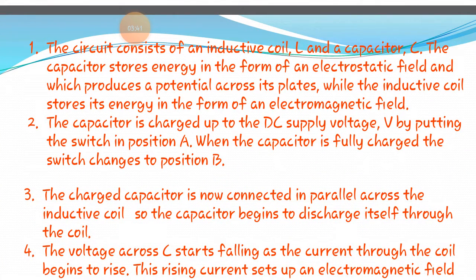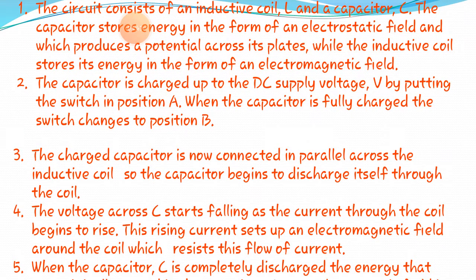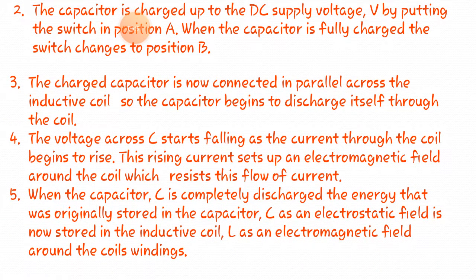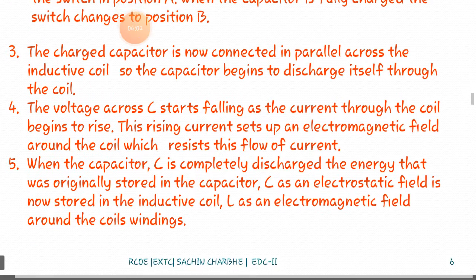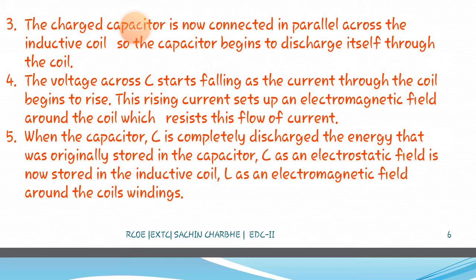The capacitor is charged up to the DC supply voltage, whatever supply we applied. The switch is in position A while the capacitor is fully charged, and then the switch changes its position to B. The charged capacitor is now connected in parallel across the inductive coil, so the capacitor begins to discharge itself through the coil. Voltage across the capacitor starts falling as the current through the coil begins to rise.